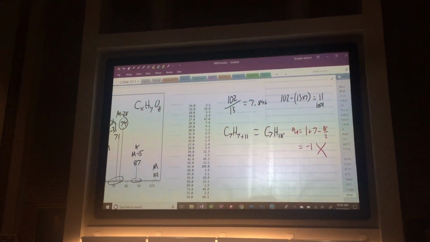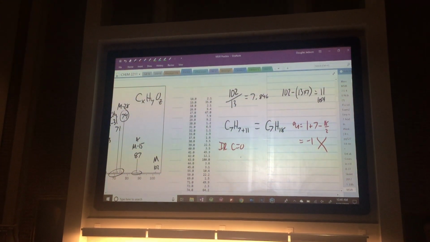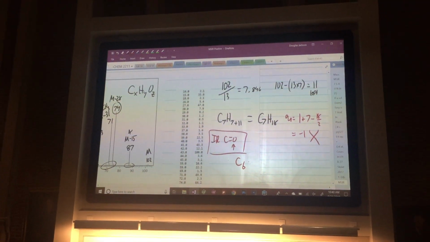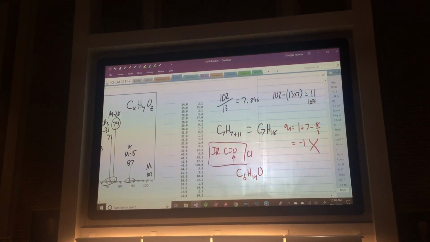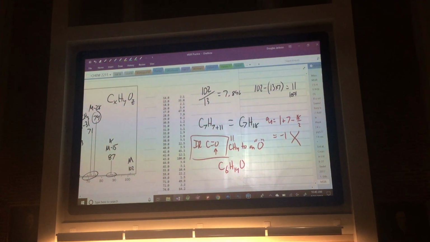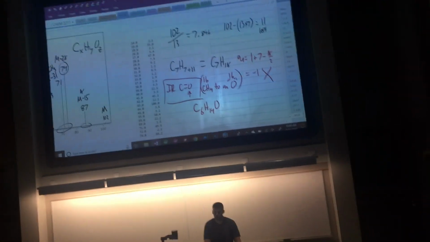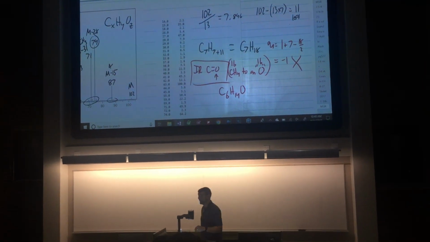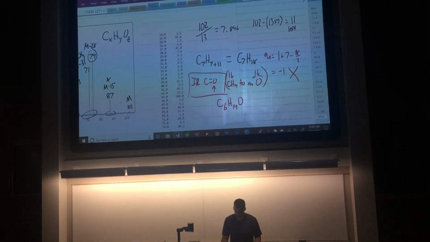So what we're going to do is account for that oxygen by converting a CH4 to an O. 16 and 16, the same mass. We're going to take away 1 carbon, go from C7 to C6. We're going to take away 4 hydrogens, go from 18 to 14. And then convert that to an oxygen.